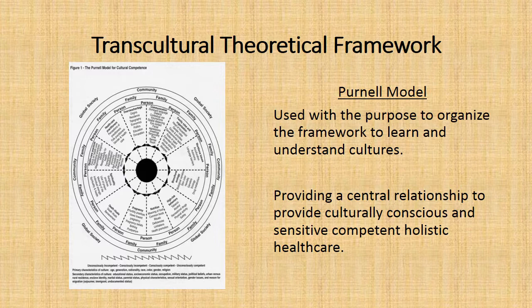We can be consciously competent, where we're taking the effort, learning about another culture, and getting the information so we can use it for our healthcare settings. And we could be unconsciously competent, where we just provide good healthcare regardless of anybody's diverse background.